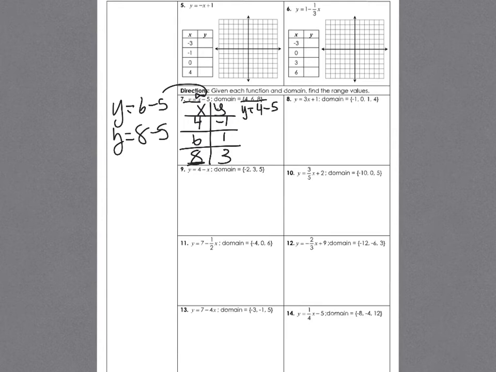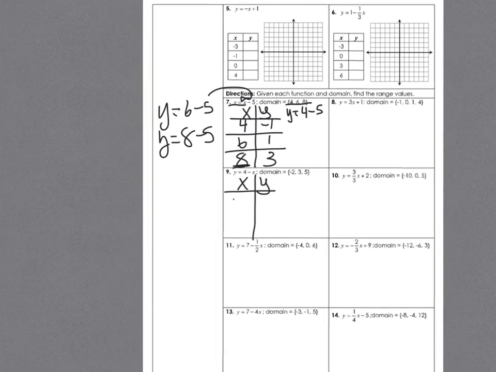All right, let's do another one. Let's look at number 9. So we have x and y for our table, and they gave us -2, 3, and 5.